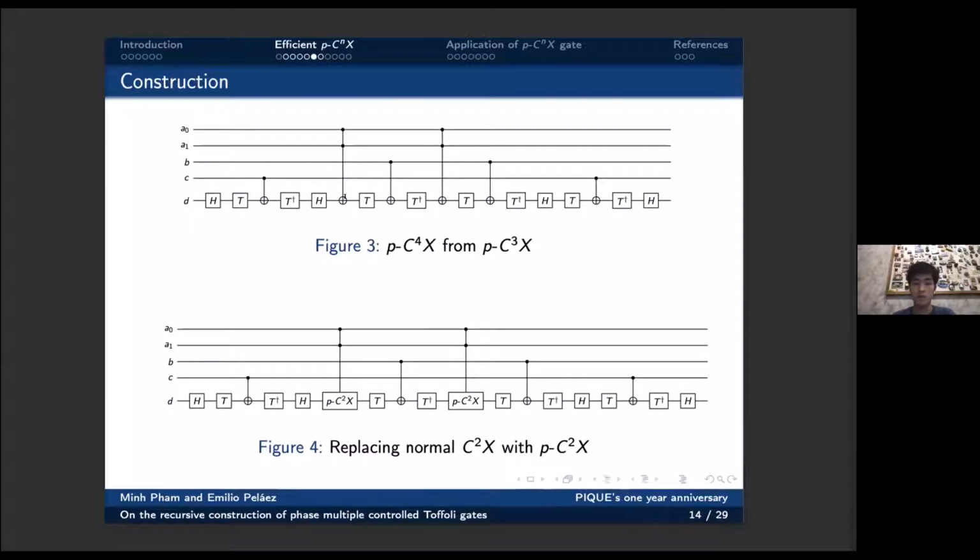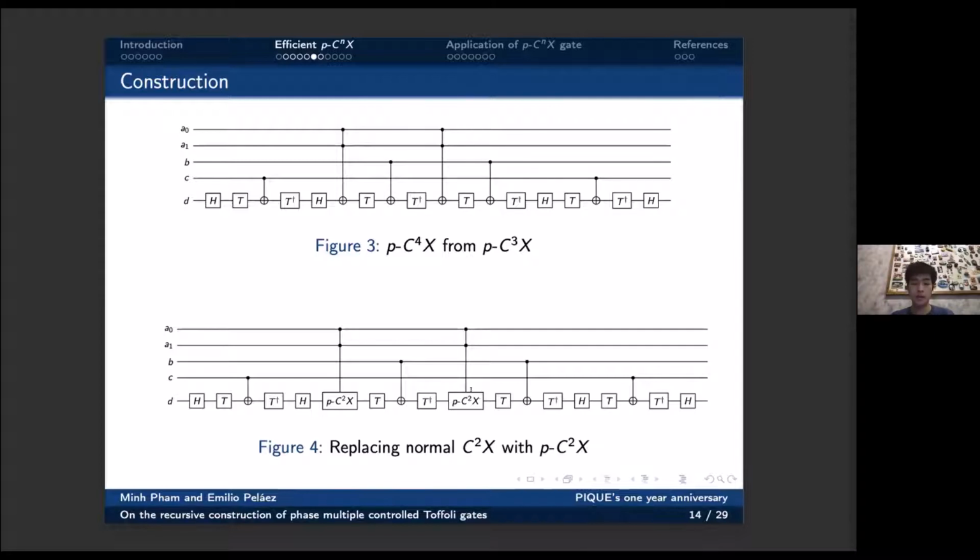So one thing we can do is take any two CNOT gates that are acting on the same control bit, and we can extend that to a Toffoli gate acting on another bit, right? So here's an example. We see that this bit here is acting on the A qubit, right? So these two gates, we can extend them to a Toffoli gate, and then we can replace them with a phase Toffoli gate, right?